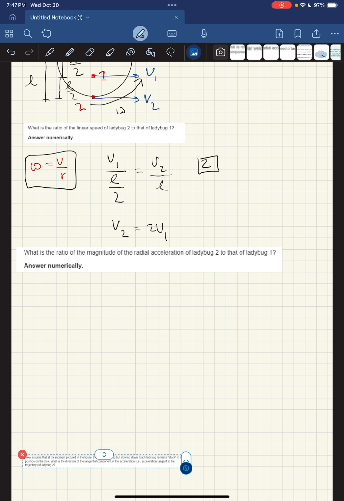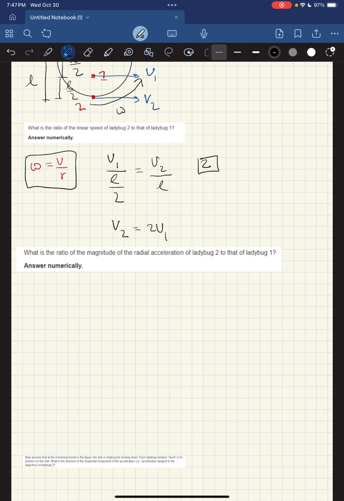Looking at the equations, a_c is equal to angular velocity squared times r. We know that angular velocity is equal to v over r, tangential velocity over the radius. So (v over r) squared times r gives you v squared over r.